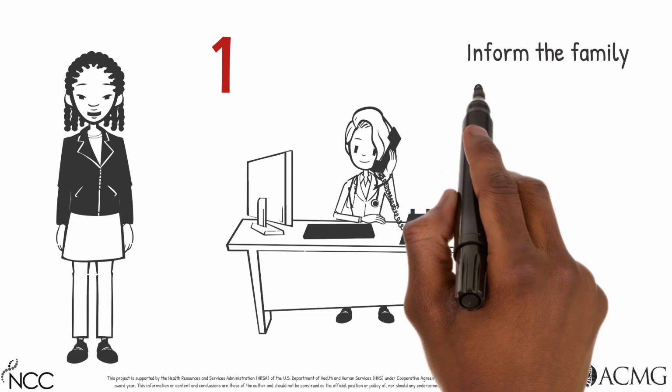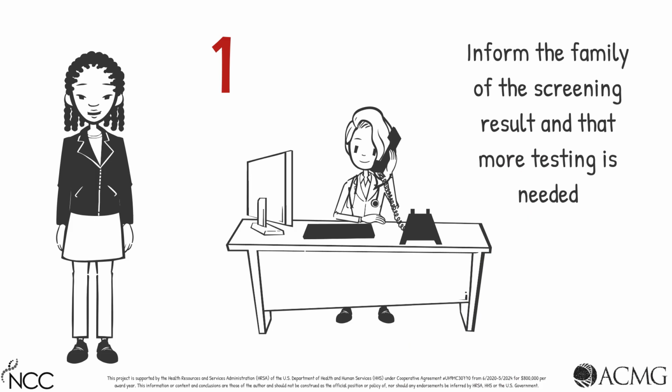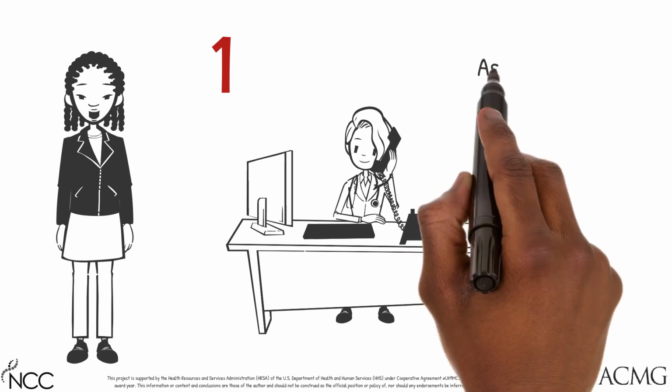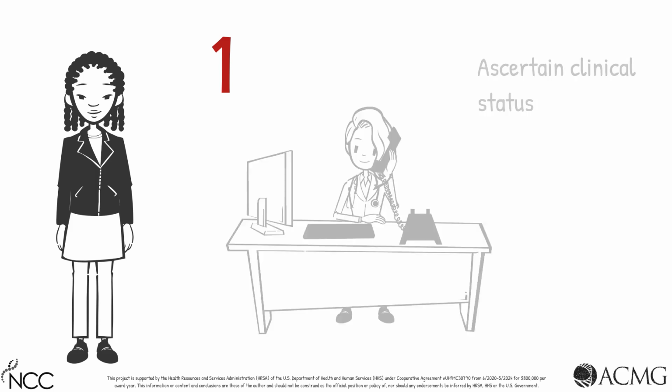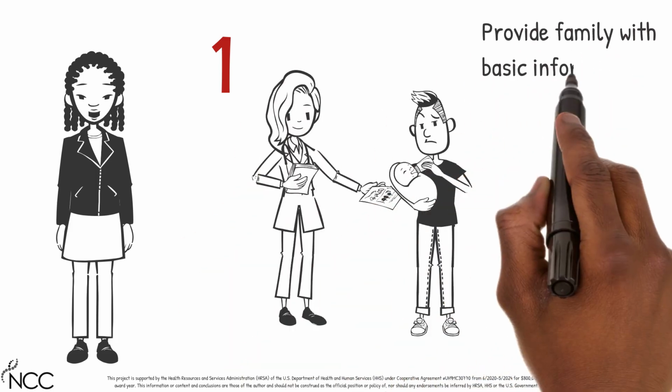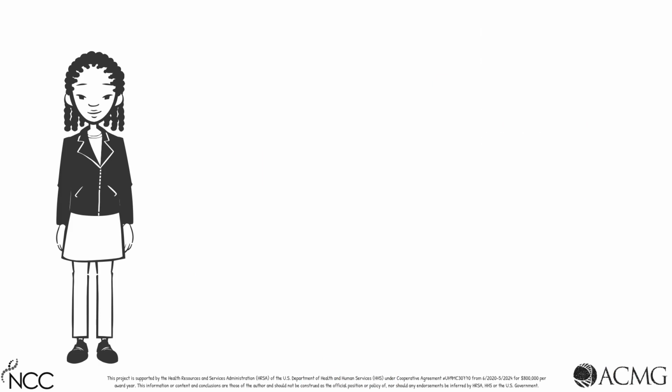Inform them of the newborn screening result and that more testing is needed to determine if their child does or does not have the disease. Ascertain clinical status, paying close attention to signs like muscle weakness, breathing problems, and feeding difficulties. Provide the family with basic information about Pompe disease.